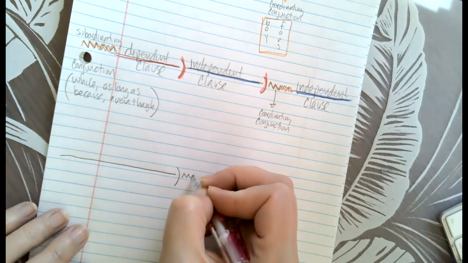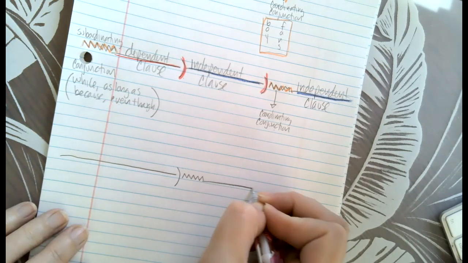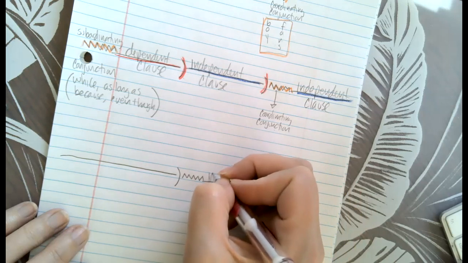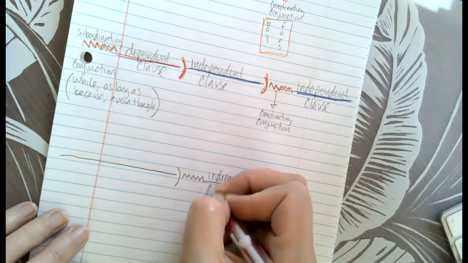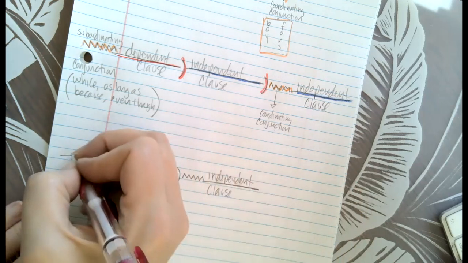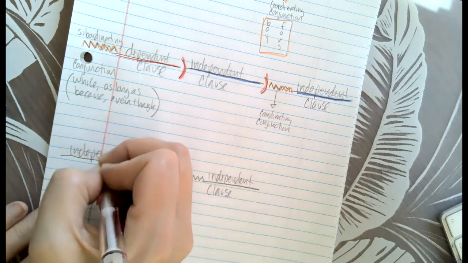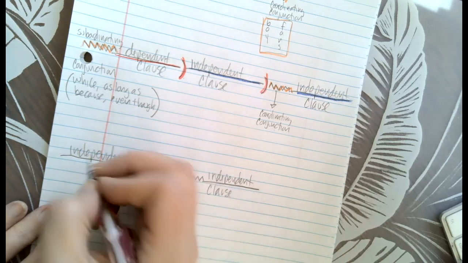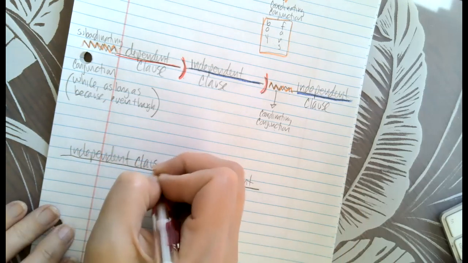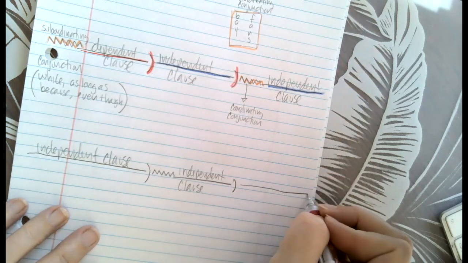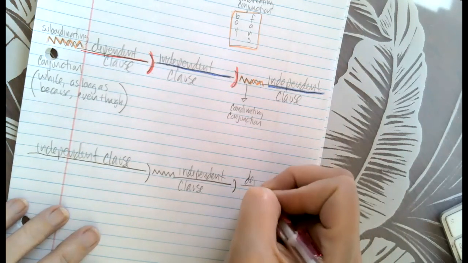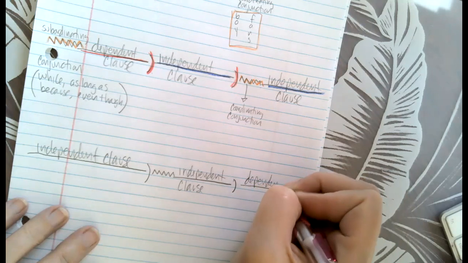And then we have another independent clause. Okay, so two of those. And then we have a dependent clause.